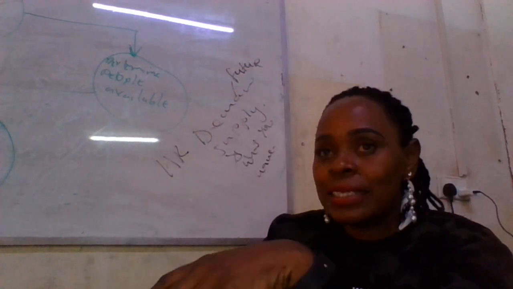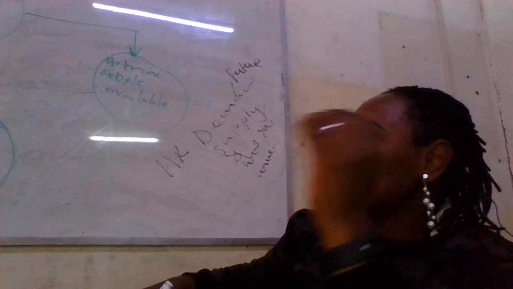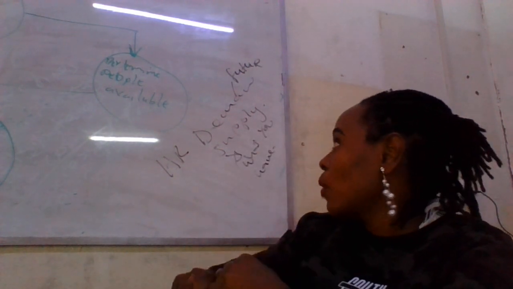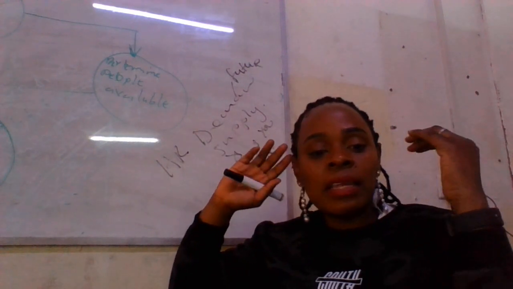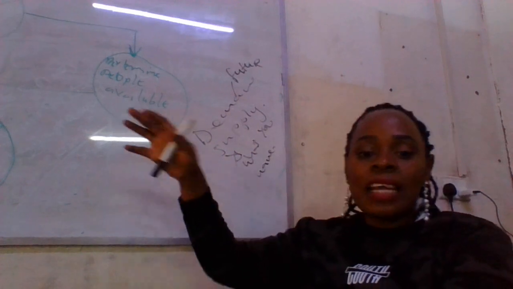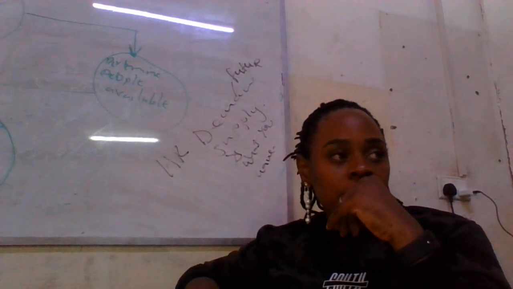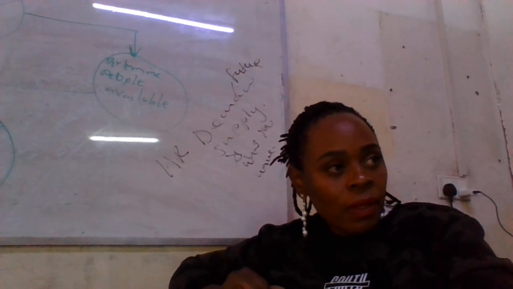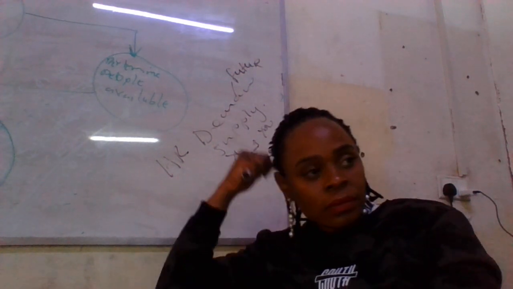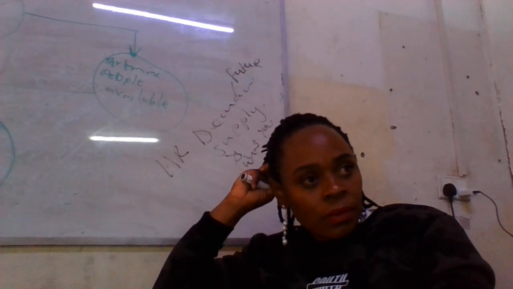And then you do a forecasting. After you do a forecasting, now you can identify the organization need for people. Now you can know the employees that will be needed in future, and also the employees that are available. So you see who is available and where the staff is lacking.